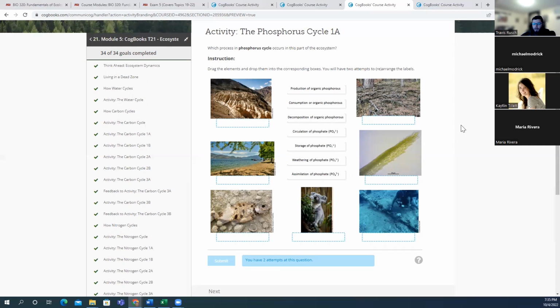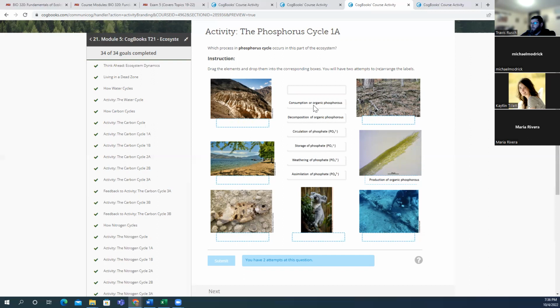But pretty sure you're on the right track. The plant molecules on the right. Yeah, so this one is images of the cells, right? So at the cellular level is where we're going to get organic materials produced, right? So this would be the plant cells producing organic phosphorus.